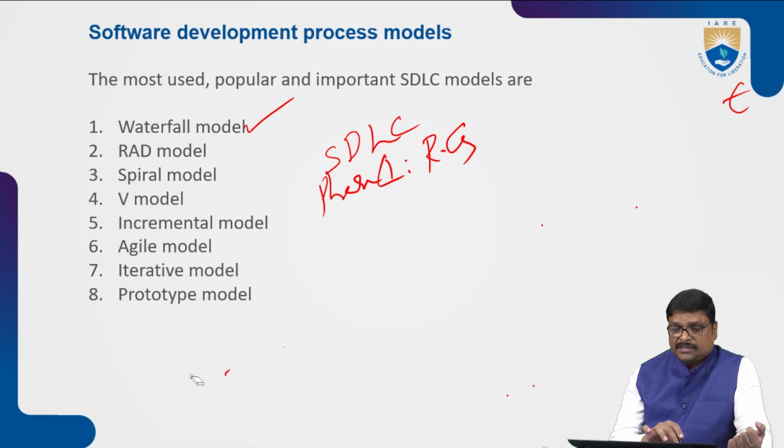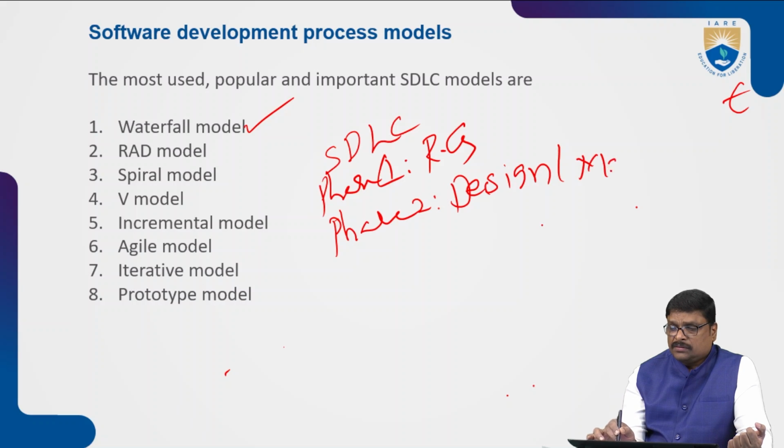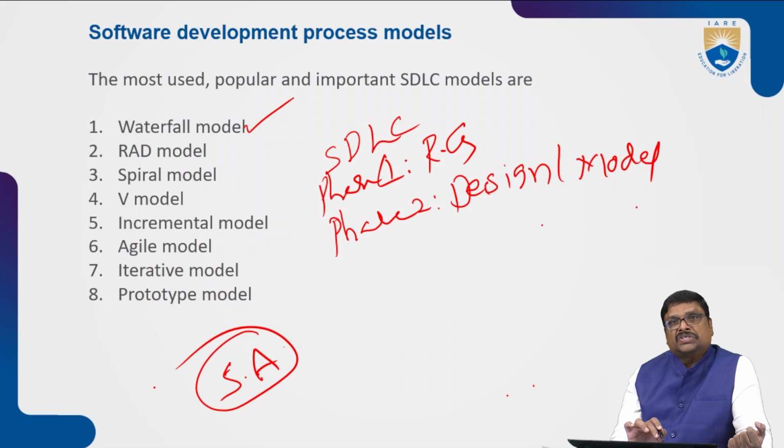The second phase of any process model is design, or modeling. The stakeholder involved in the designing or modeling of the system is a solution architect. What is the role of a solution architect?